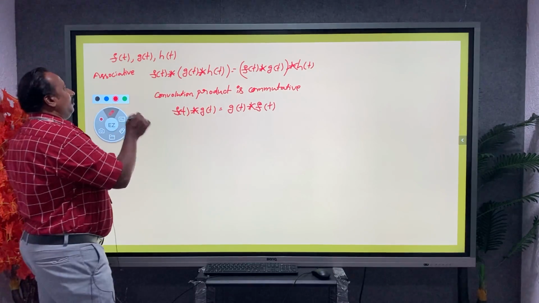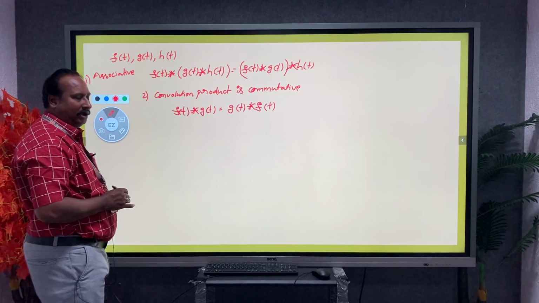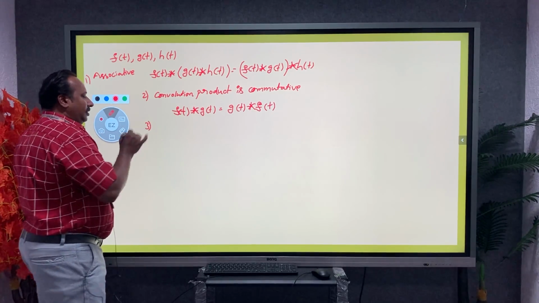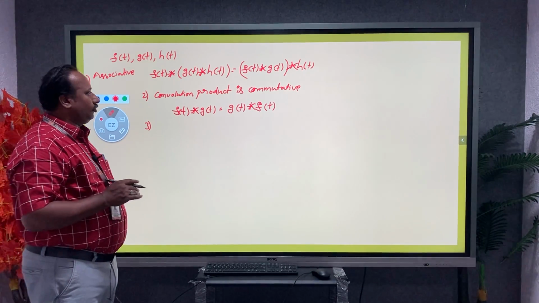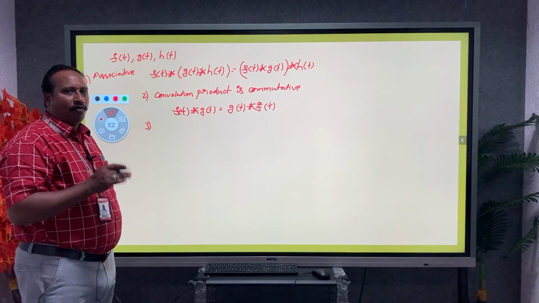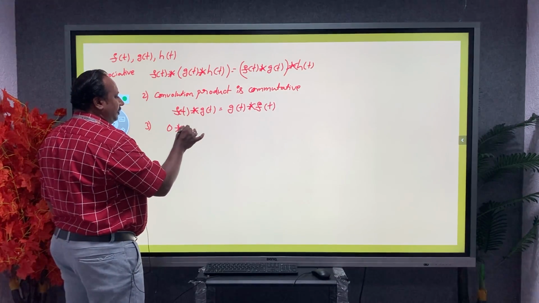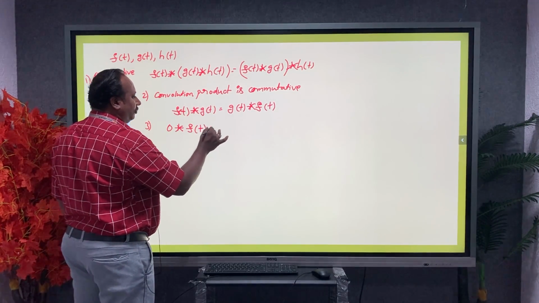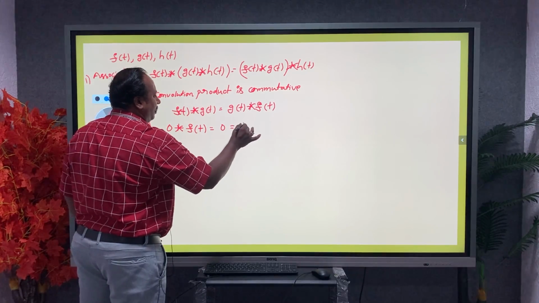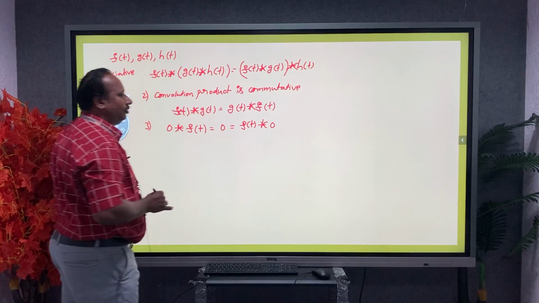First one is associative, second one is the convolution product is commutative, third one, the convolution product of any function with 0 gives only 0. That means 0 star f of t equal to 0, and f of t star 0 is also 0.